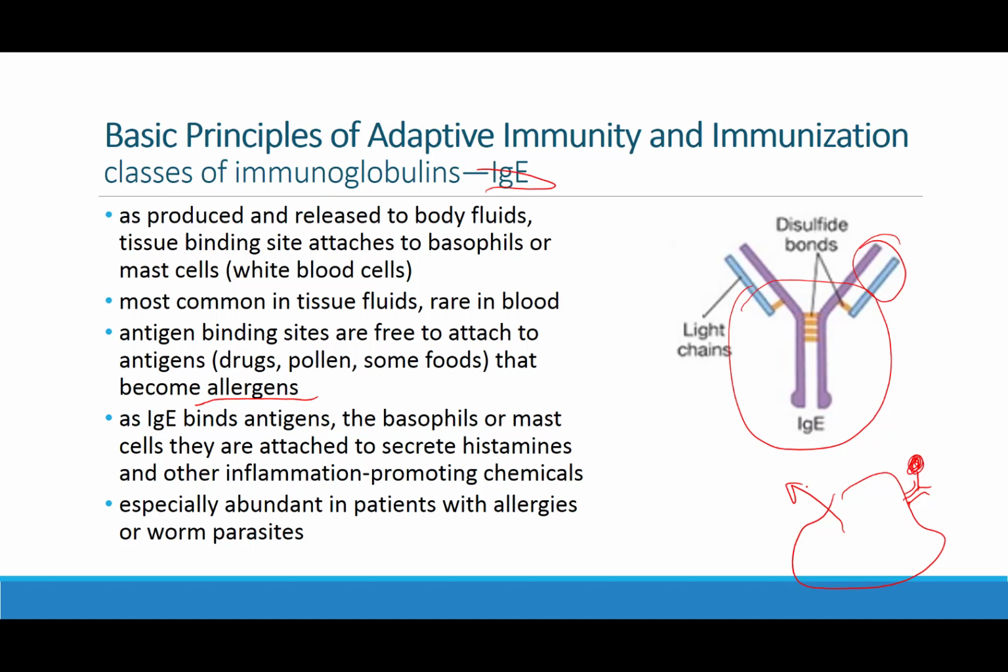And IgE is especially abundant in patients that have allergies, or when we see extracellular parasites, like worm parasites. Those guys will stimulate the production of IgE.